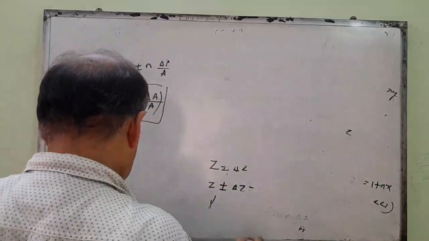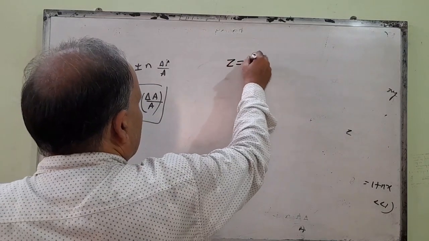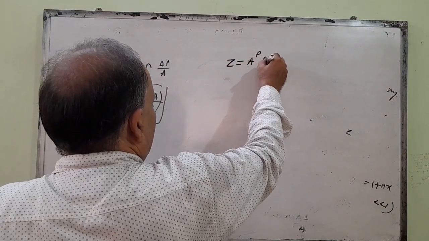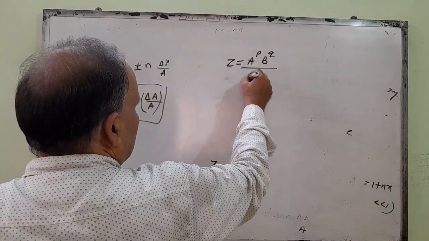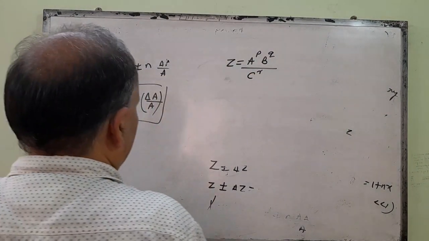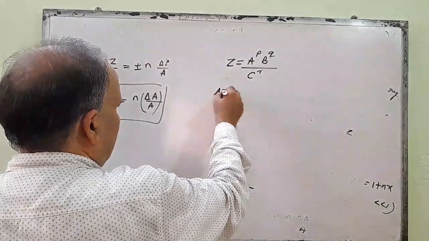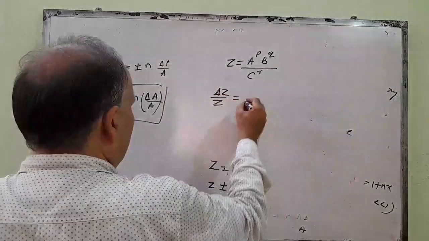suppose z is equal to a to the power p by b to the power q by c to the power r, we can write delta z by z is equal to what?